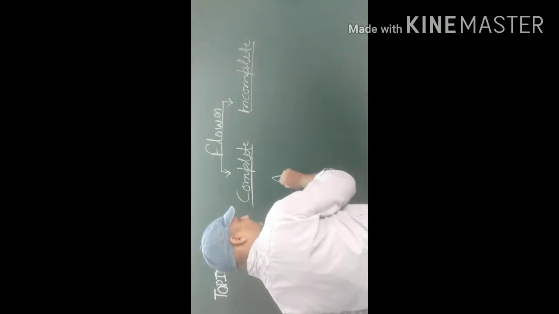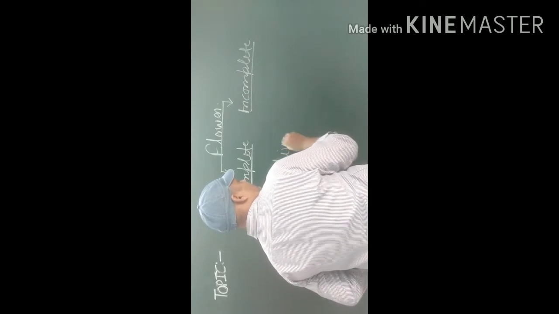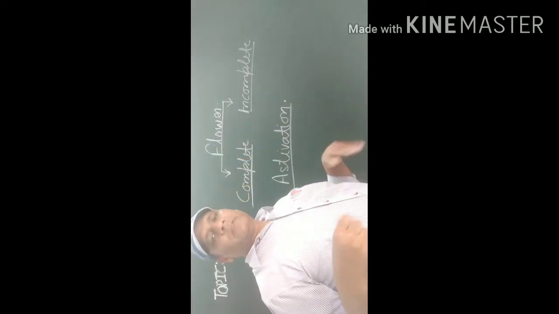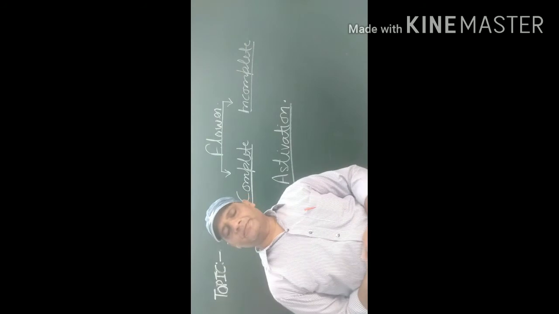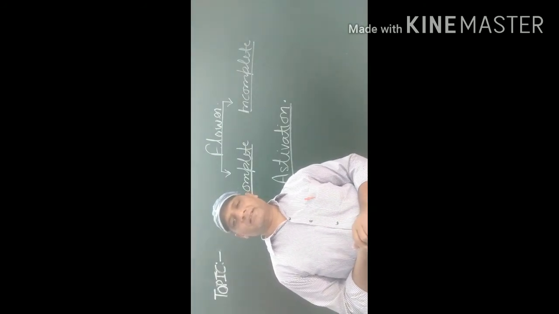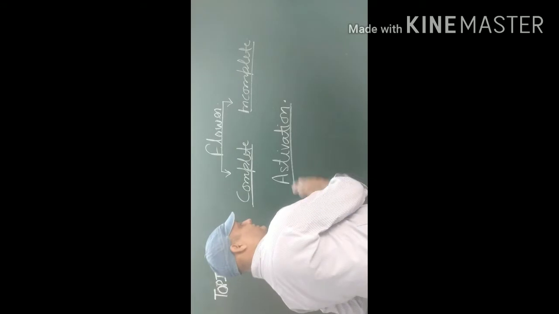Estivation. The pattern of arrangement of flower parts, that is calyx and corolla, on the thalamus is known as estivation.